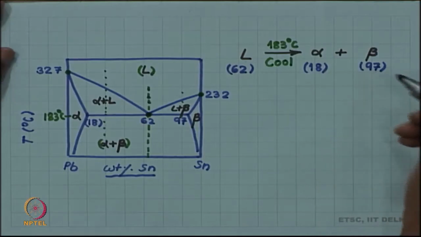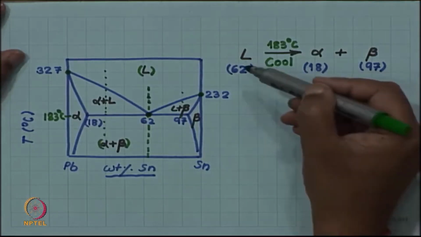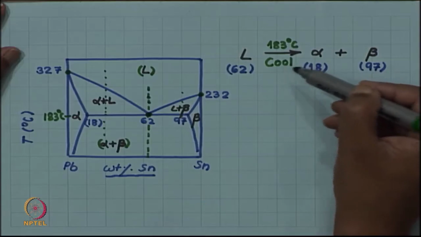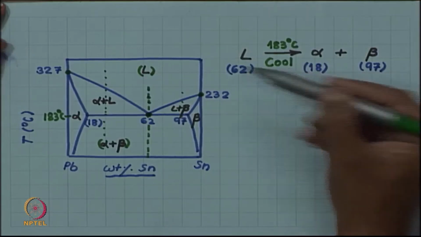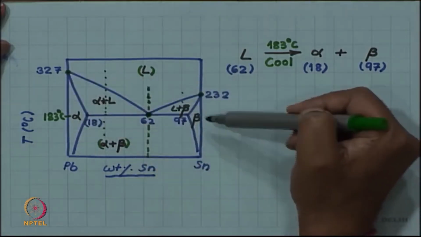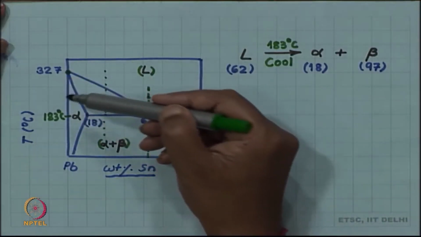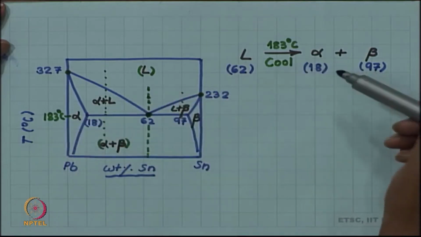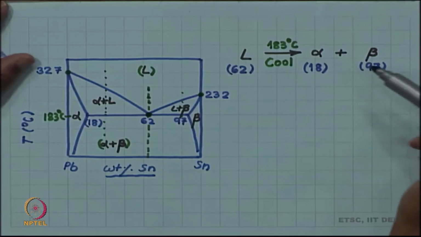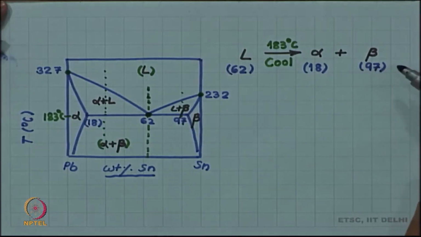So, this is just like normal solidification, where a liquid on cooling through its melting point solidifies. Only difference is that a normal liquid like a lead liquid or a tin liquid will solidify into a single solid phase. A eutectic liquid solidifies into a mixture of two different solid phases.